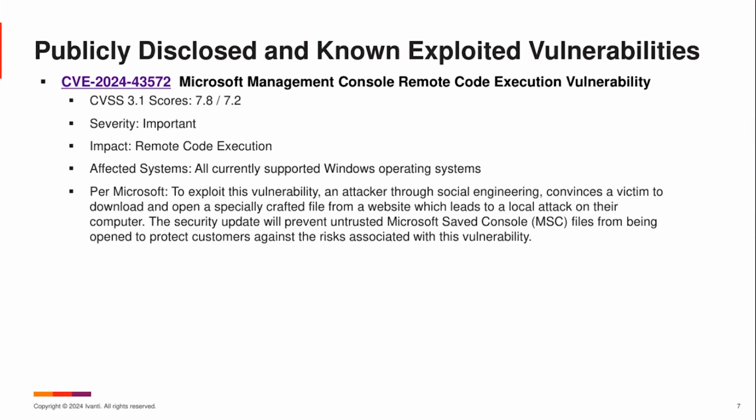So this one is the MSC vulnerability. It is actively being exploited in the wild. It's updated by doing the OS update, so it does affect all versions of the operating system, including the newly released Windows 11 24H2. So make sure that you've got your OS update prioritized as your top priority this month.